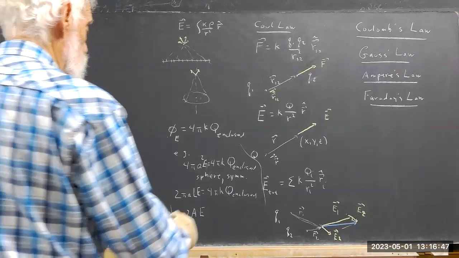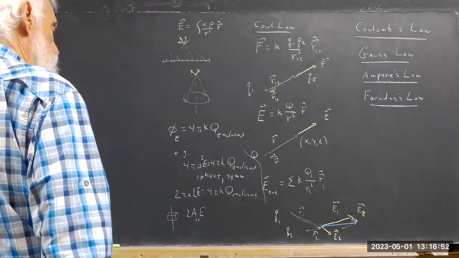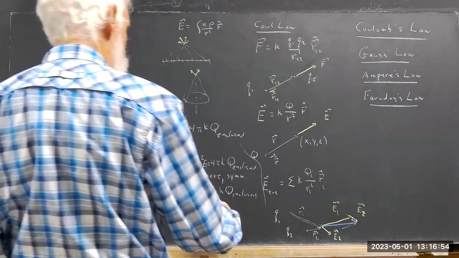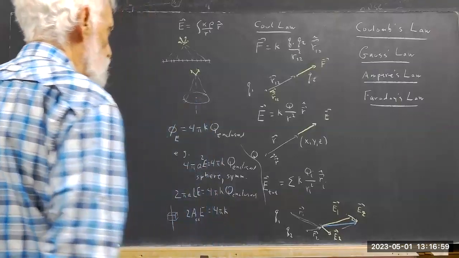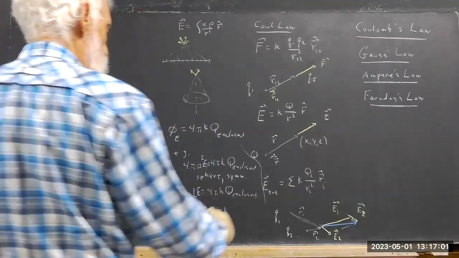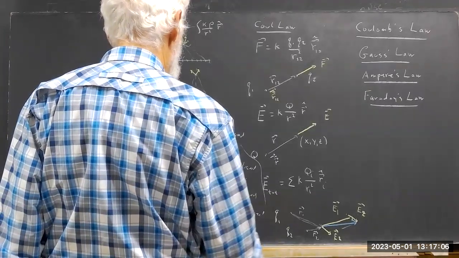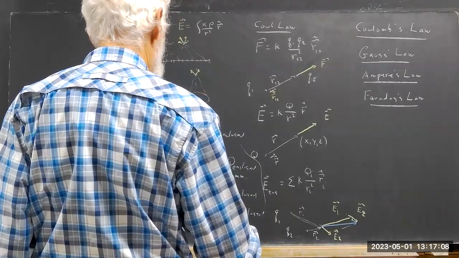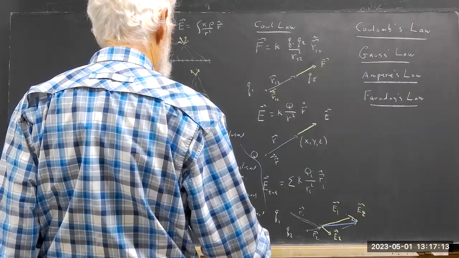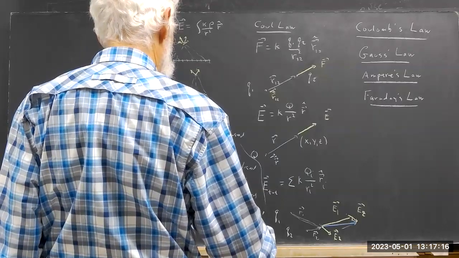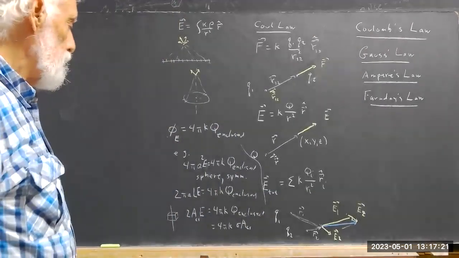That'll be the cross-sectional area times E plus the cross-sectional area times E, equals 4 pi K times Q enclosed, which is 4 pi K times sigma times your cross-sectional area.